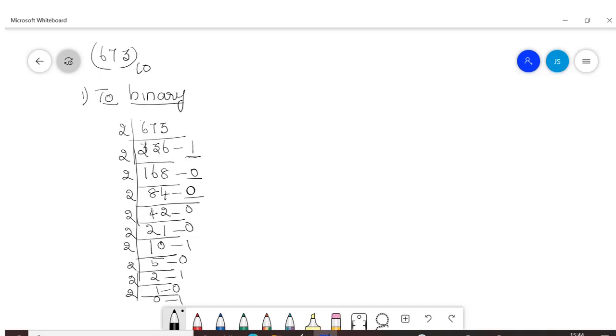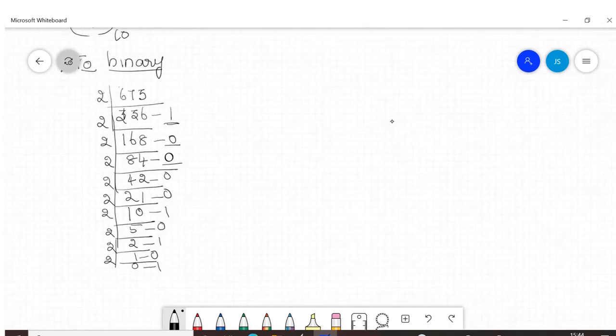Okay, so the remainders, we now need to write them from the last remainder. The last remainder becomes the most significant bit of our resultant binary number. So it is 1, 0, 1, 0, 1, 0, 0, 0, 0, 1.